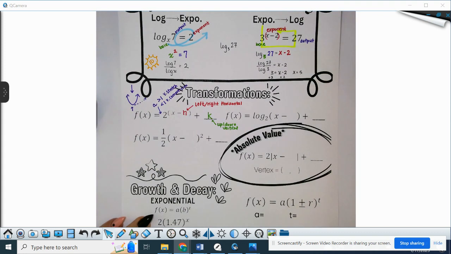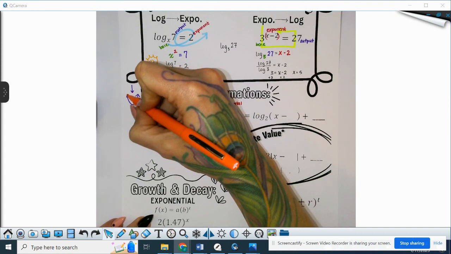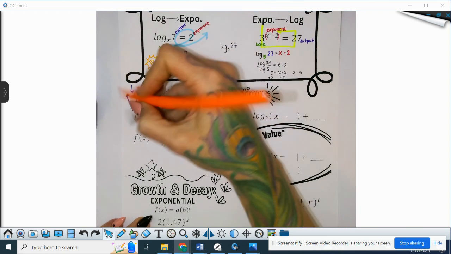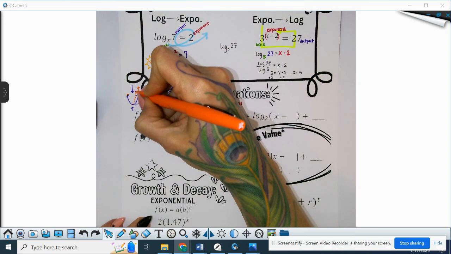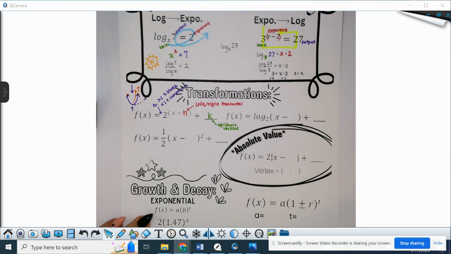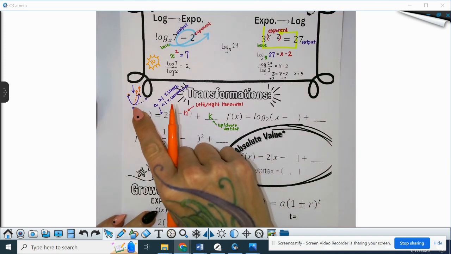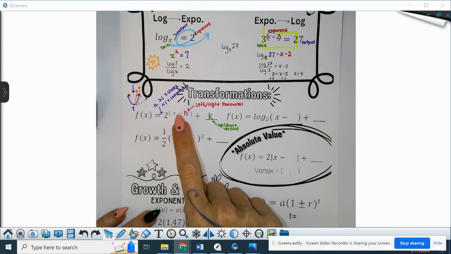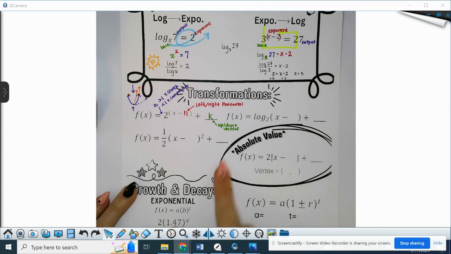And then if I grabbed him at the top and I pushed him up and pulled him up, he would start to get skinnier because that means he would increase faster. And again, I'm just using the parabola because I feel like visually for me it makes more sense. Sometimes your exponentials and your logs and all those other fun graphs don't show it quite as blatantly.